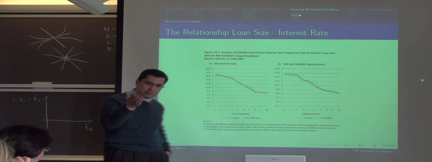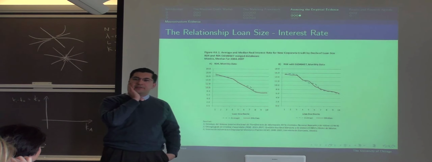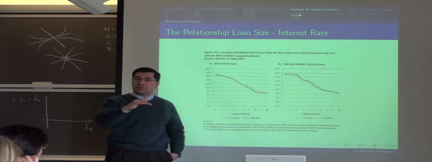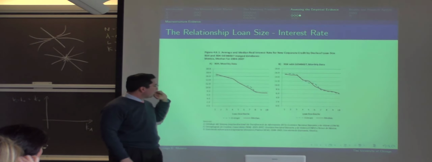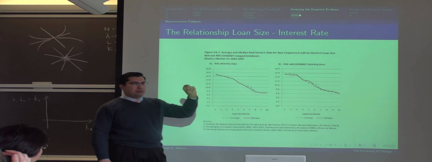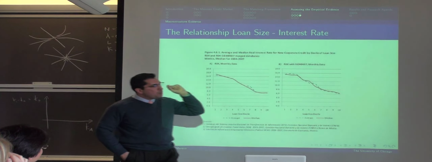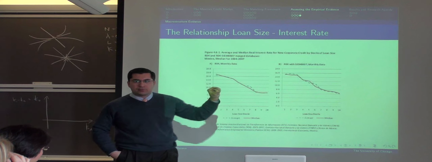Third, as David said some time ago, what do you expect regarding the relationship between the decile, or relative size of the credit, and the interest rate? Well, given the decile of the credit size, take the median interest rate within the decile for the whole period.